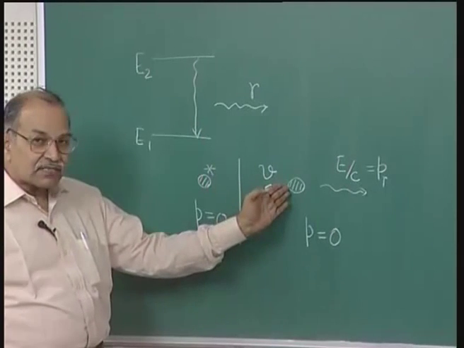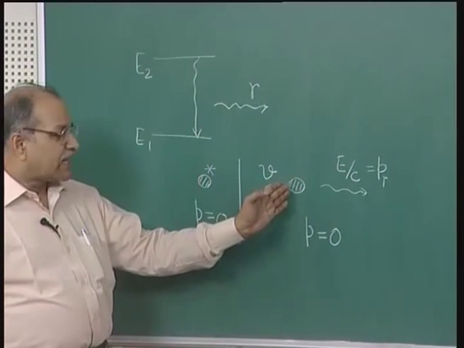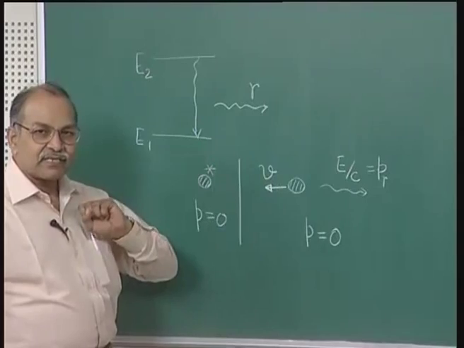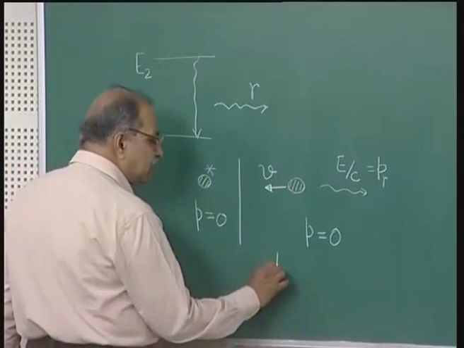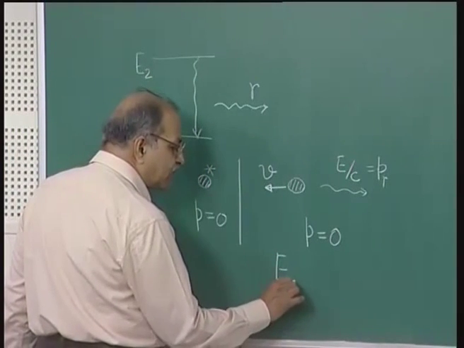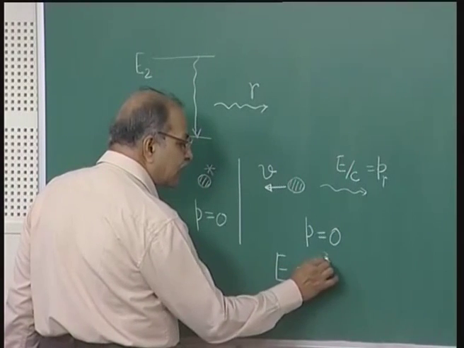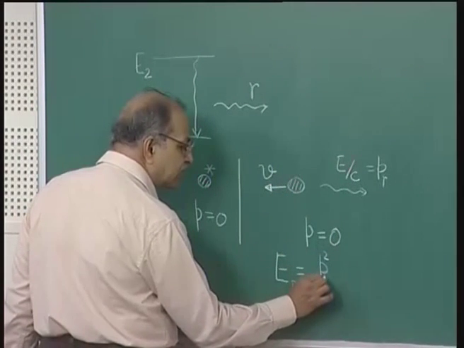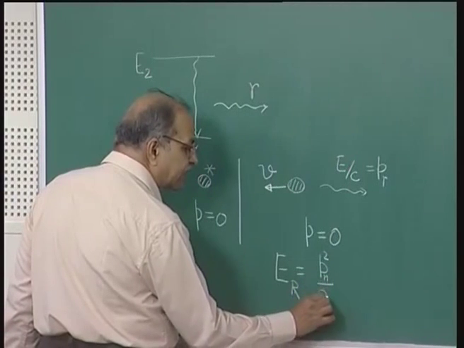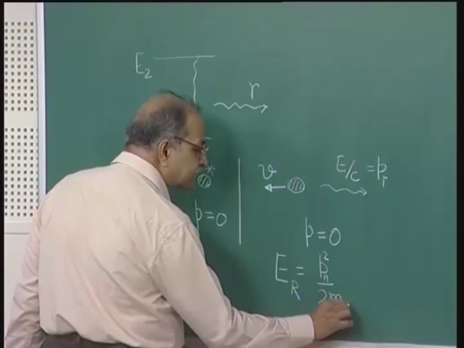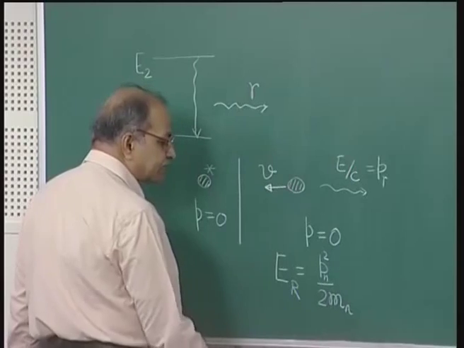If that happens, then there is some kinetic energy of this nucleus, which we call E recoil. That will be P squared, this P of the nucleus squared, divided by the mass of this nucleus, not neutron, nucleus.